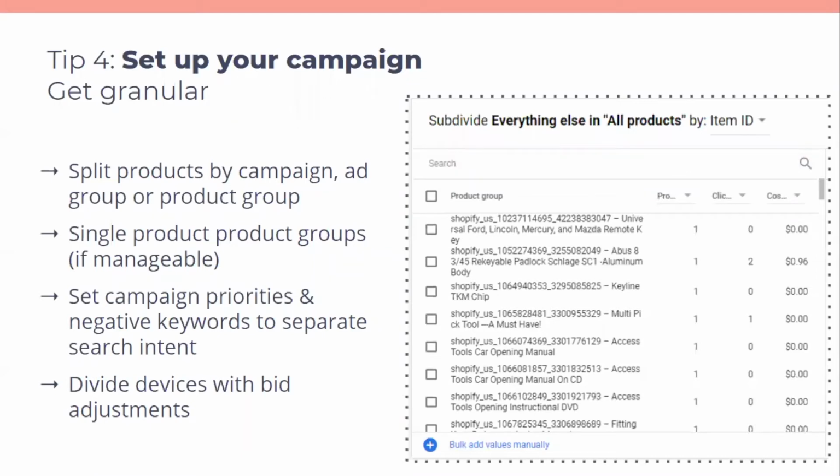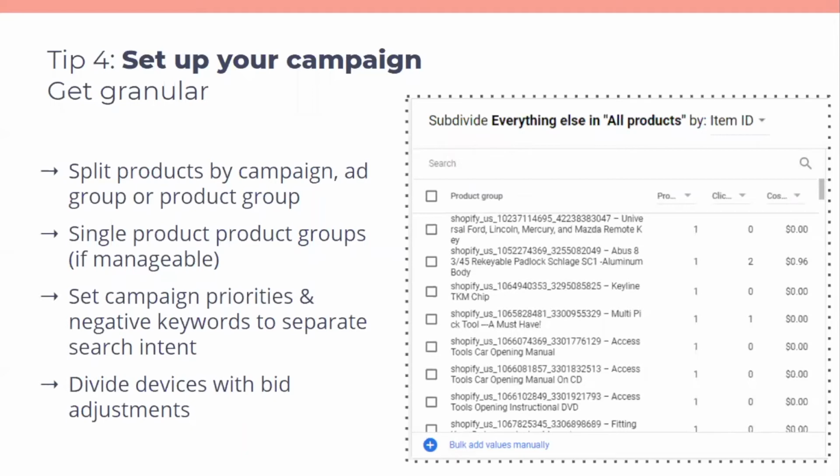Smart shopping is usually fueled better by having a solid foundation of account data. So if you're just getting started, I would recommend doing a manual campaign first, and then maybe experimenting with smart shopping down the road.